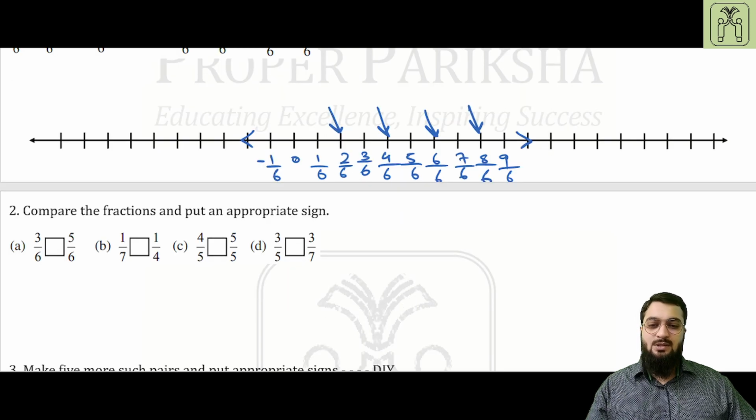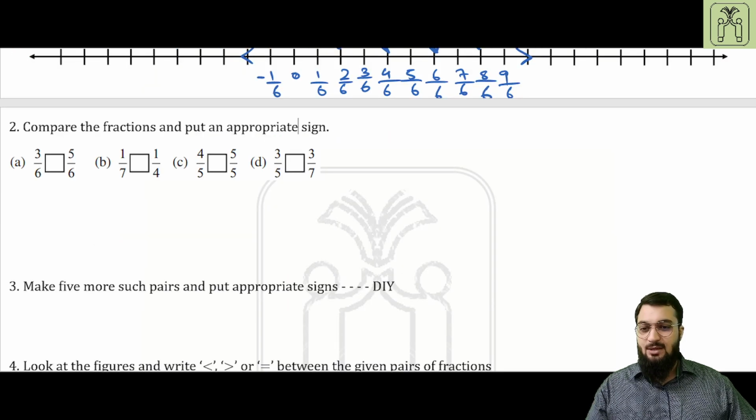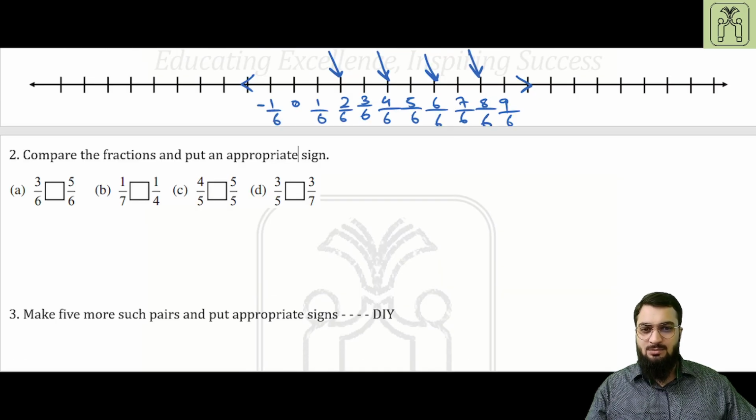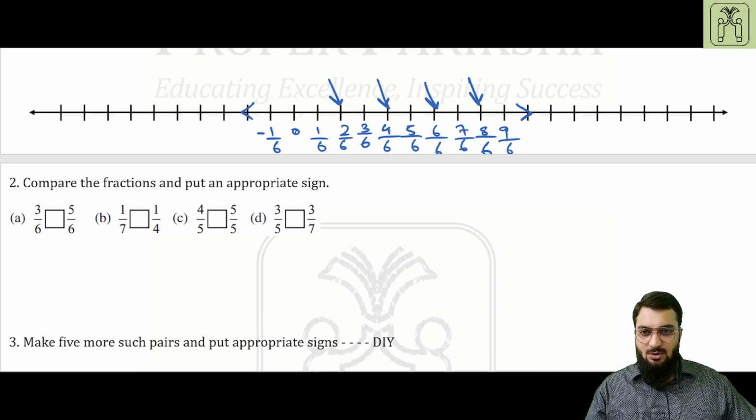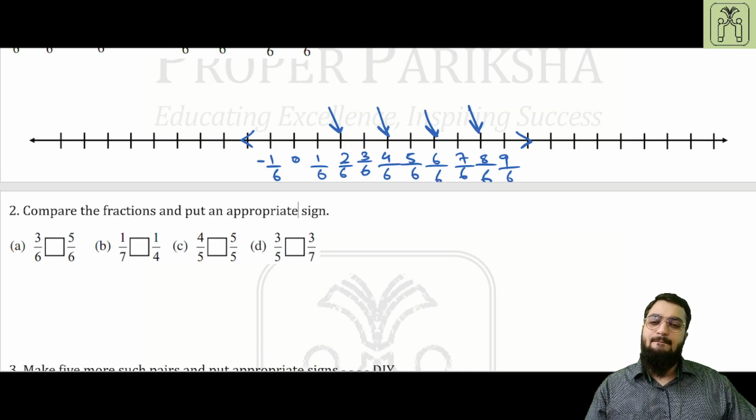Compare the fractions and put the appropriate sign. So we have been given certain fractions, and we need to put some signs over here. I think that one question is pending for us, or am I just imagining? Yeah.